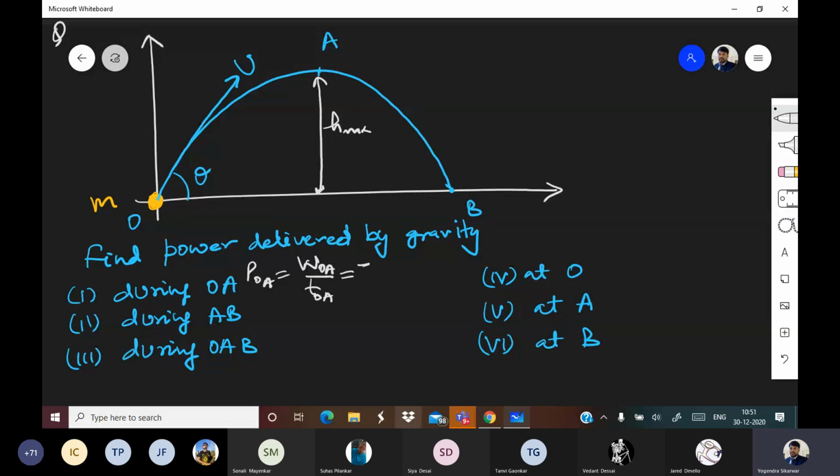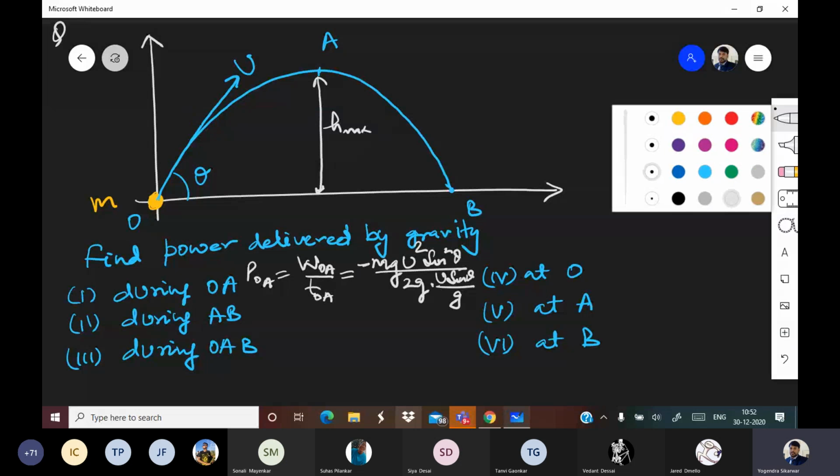Because gravity is acting downward and displacement is upward, and that will be mg H max. M into G into H max will be U square sine square theta upon 2G into, now comes T into picture. As Manhas has clearly said, it is time. Those are prophetic words. Pay attention, everyone. T is nothing but U sine theta by G.